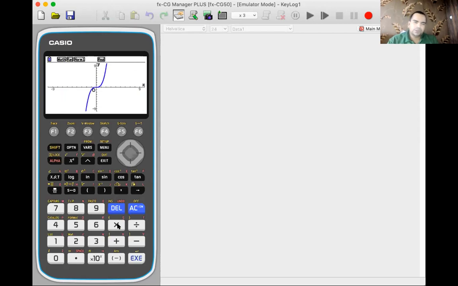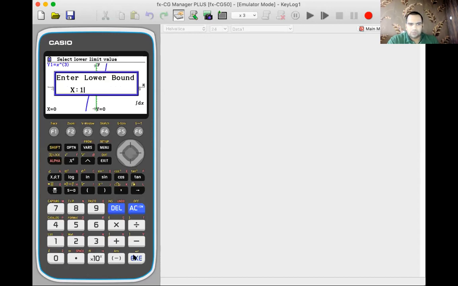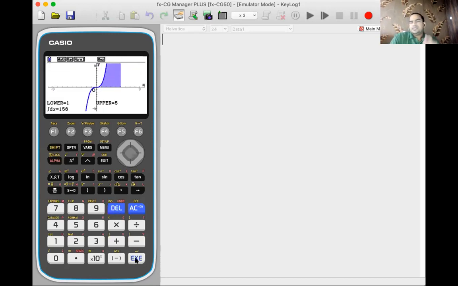Now, to do integration on the calculator, you have to press G-Solve, then go under integrate, then go under integrate once again. And if I put x as lower window 1 and upper window 5, you will notice that this actually gives you the area bounded by that curve, the x-axis, and 1 and 5.